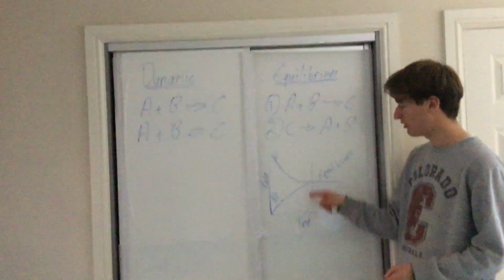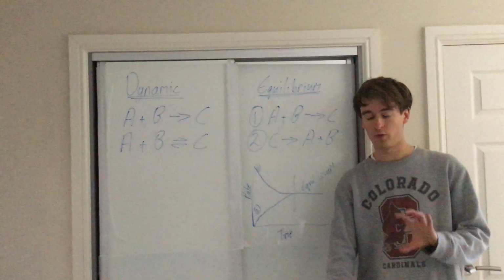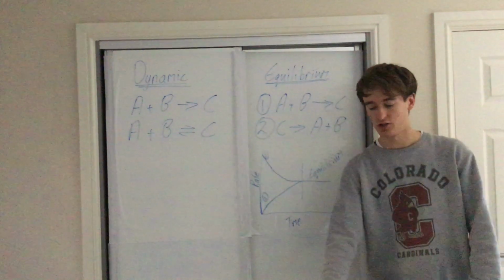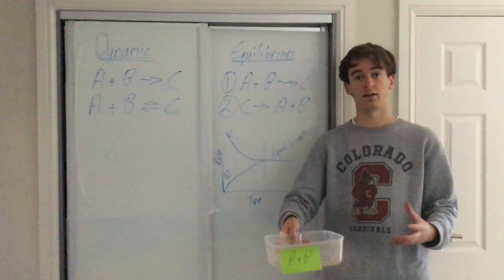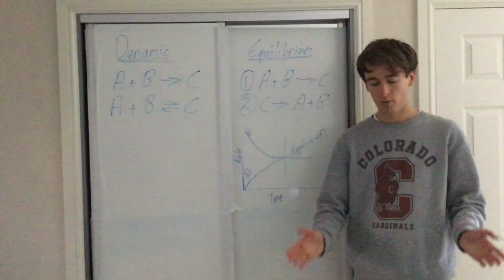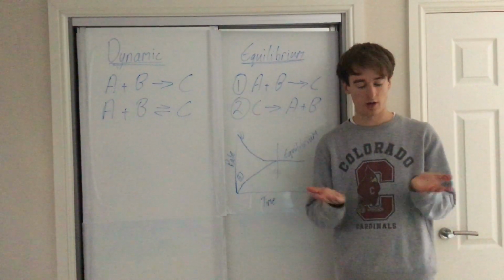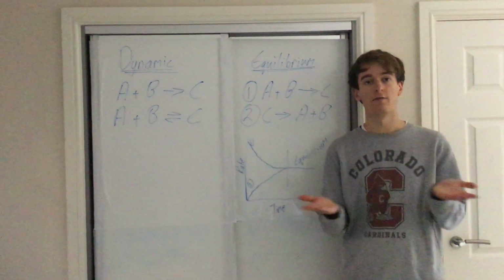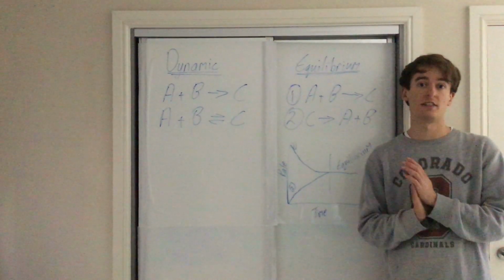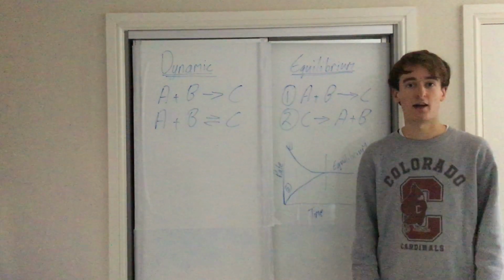This point could be up and down this graph, and we could have differing concentrations. But with a forward and a reverse reaction, there will come a point in certain conditions where the rate of forward reaction and the rate of reverse reaction are equal. So I hope this helps.